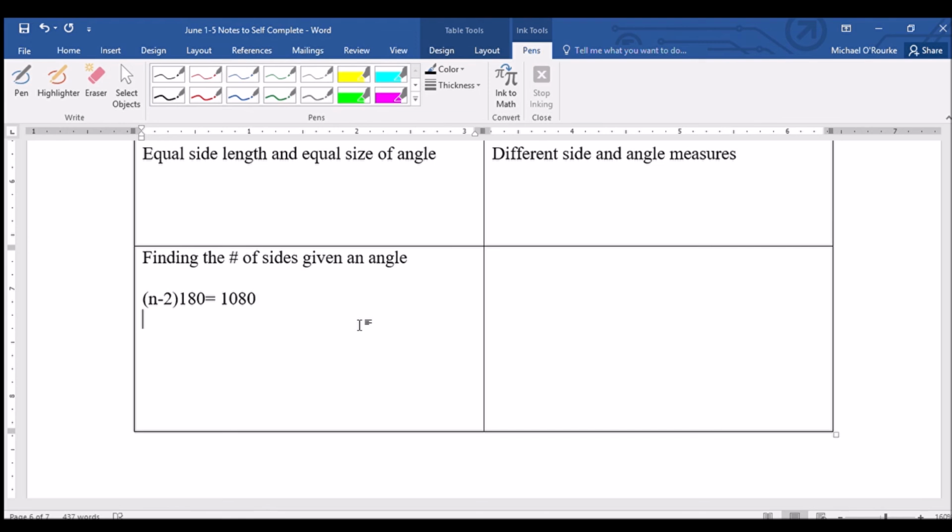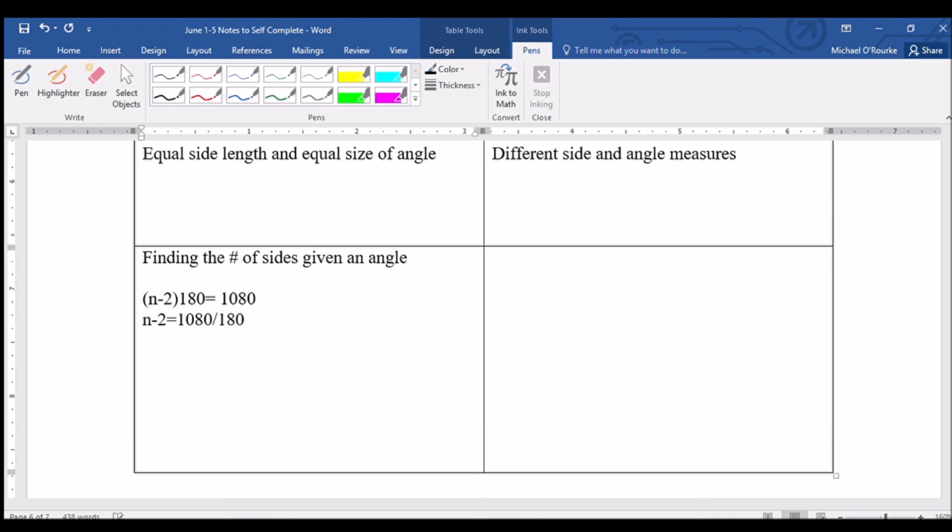Then your next step is to bring it over and divide. n minus 2 equals 1080 divided by 180, which gives n minus 2 equals 10. Then we move over that 2, so n equals 10 plus 2. So n would equal 12.